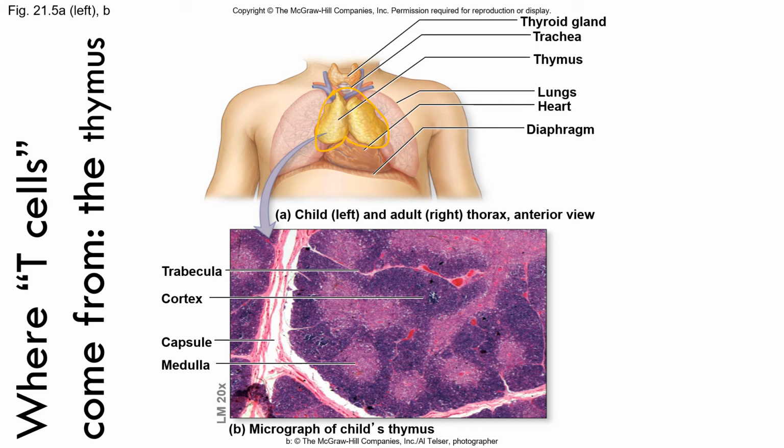It consists of, once again, trabeculae that divide the tissue into compartments. Each compartment then has a darker colored cortex and a lighter colored medulla.